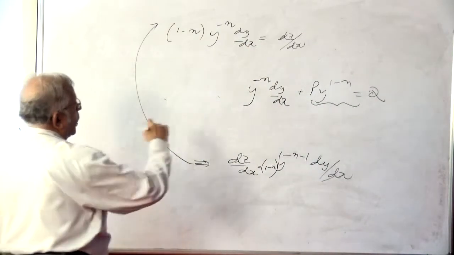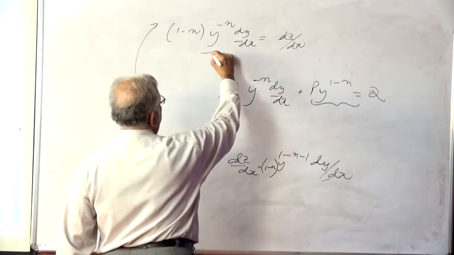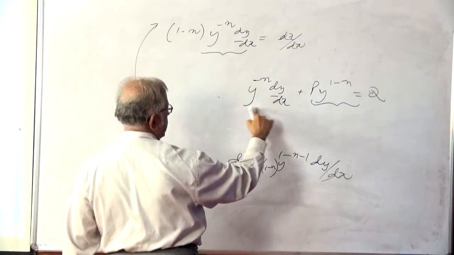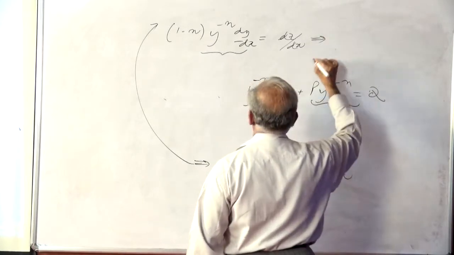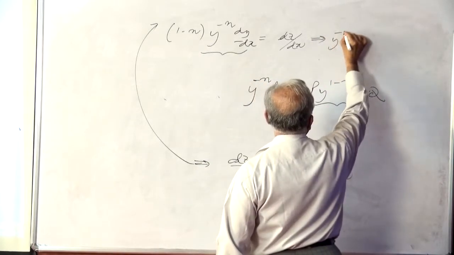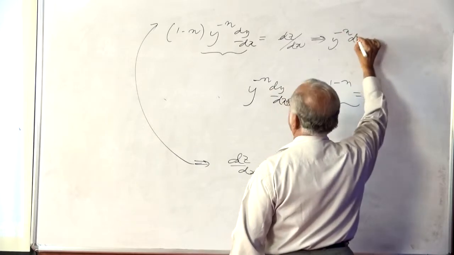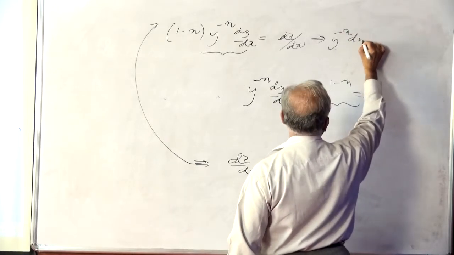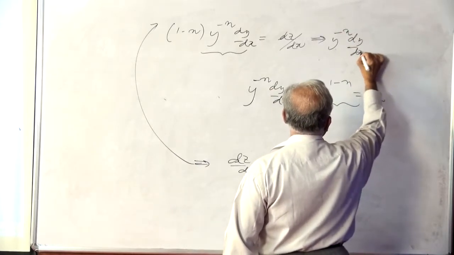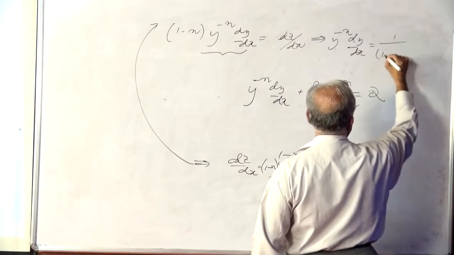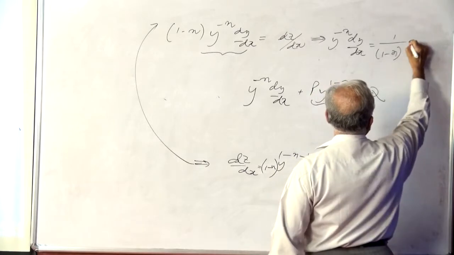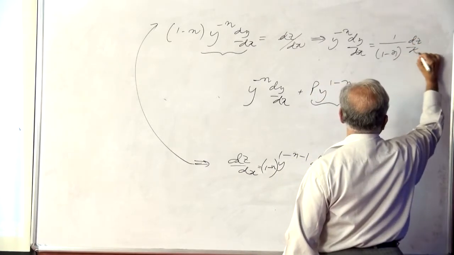In other words, y to the power of minus n dy/dx, that means this term, becomes simply 1 over 1 minus n dz/dx.